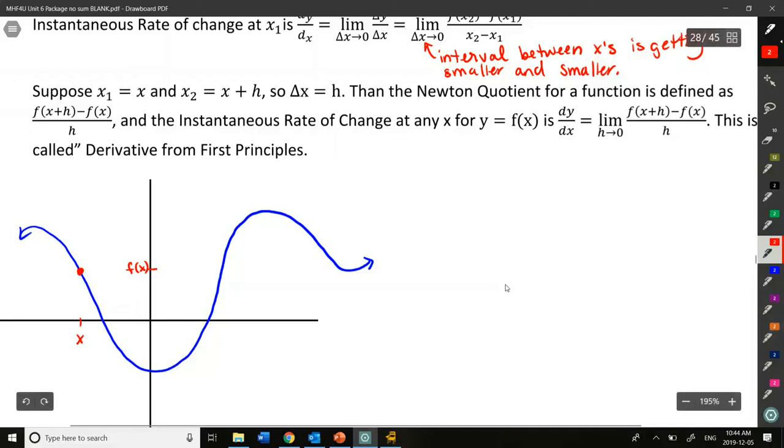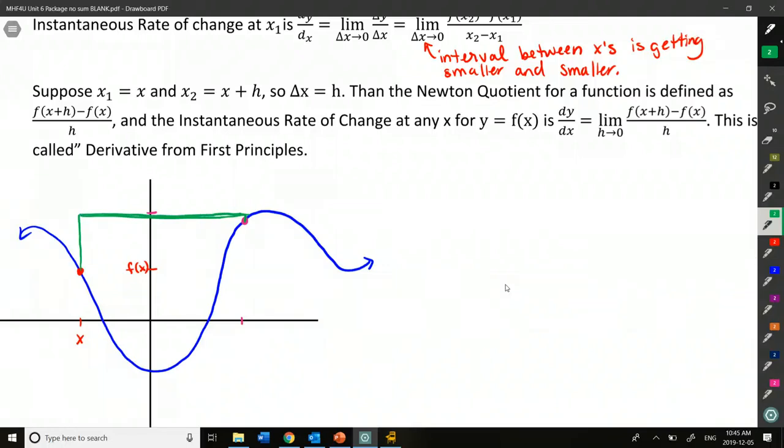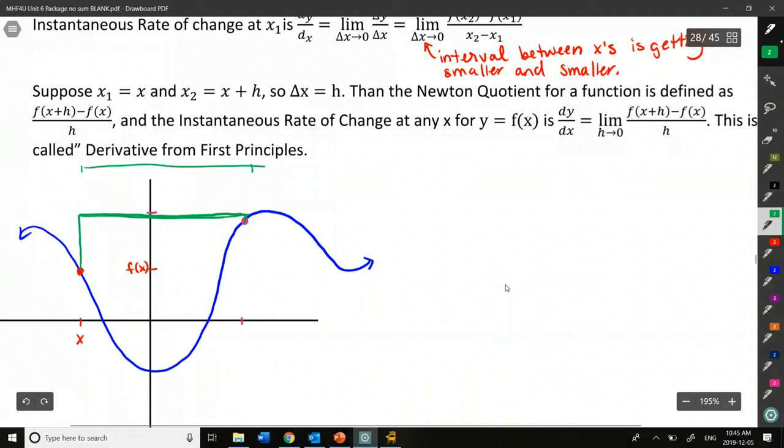Then I have some other point, let's say maybe it's up here, and it has some x coordinate as well, and it has some y coordinate. We're going to say that these 2 points are some number of units away horizontally from one another. If I measure this horizontal distance between these 2 points, we're going to say that these 2 points are h units apart.